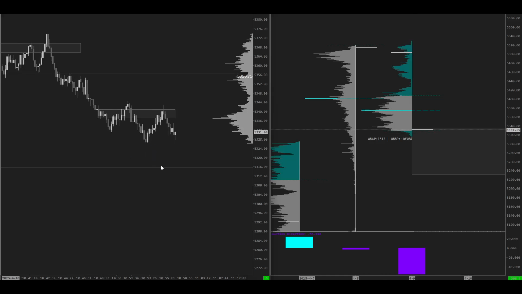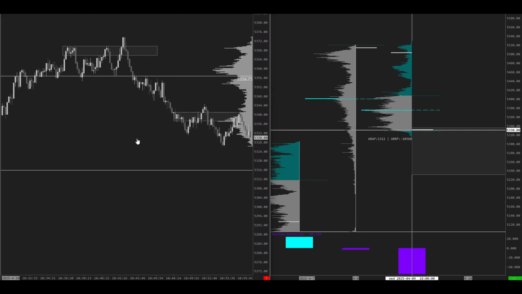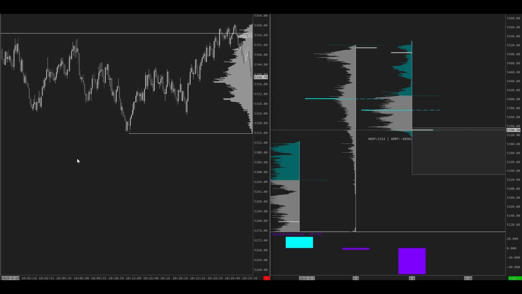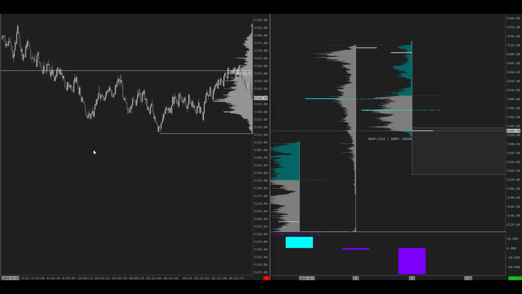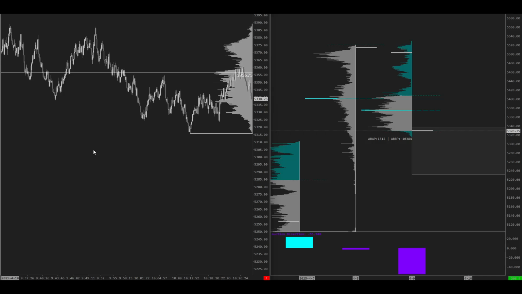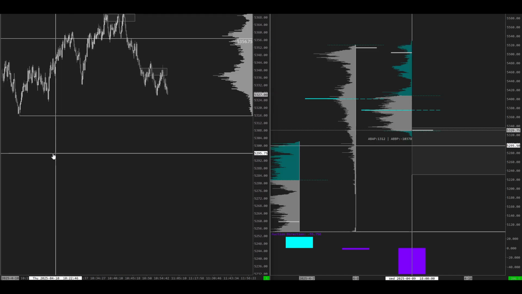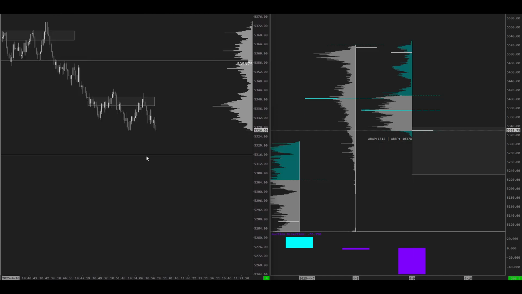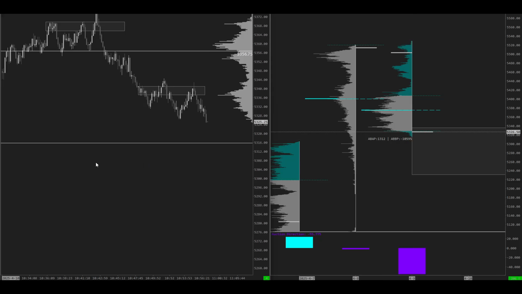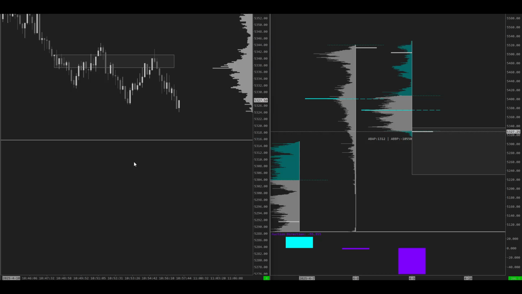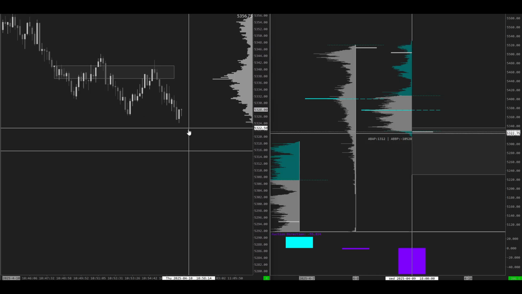We also want to take out this 5316 area from this pivot down here. That might be RTH low. I think it is. Yeah, that's RTH low. So we want to take that out. That's the IB low and the 30-minute opening range low too, of course. Okay, we got another lower low. That's nice.